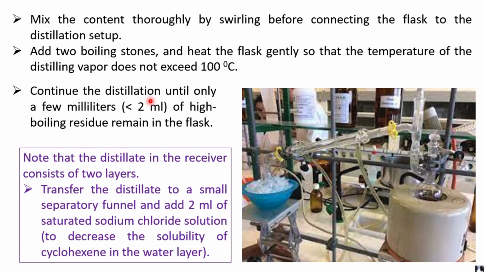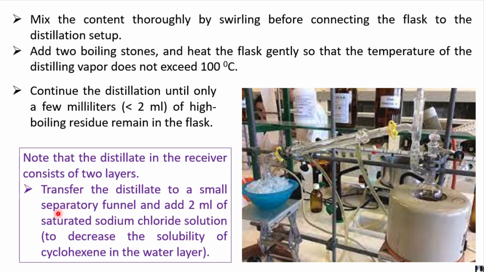So the distillation goes on until you have about 2 ml of the starting material in your round bottom flask, and then you can turn off the heat source and dismantle the setup. Now, the distillate in the receiving flask consists of two layers. So you have your starting material and then your product.